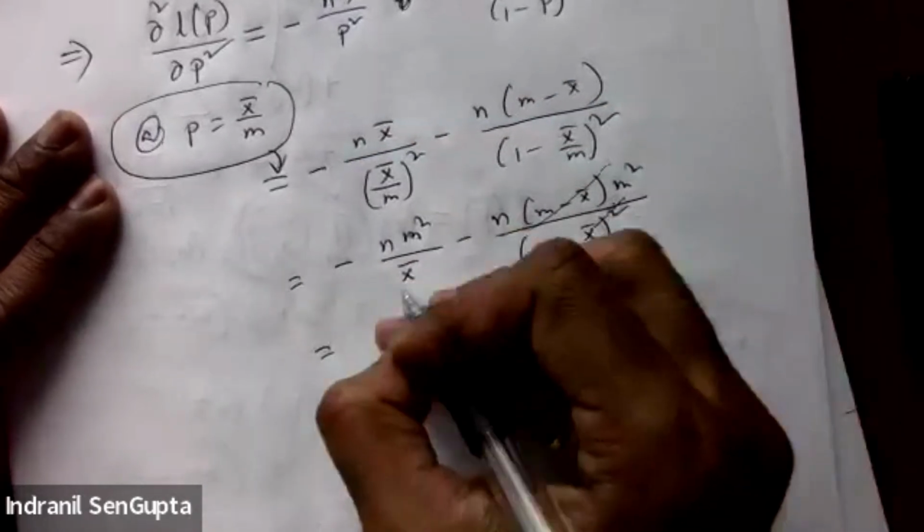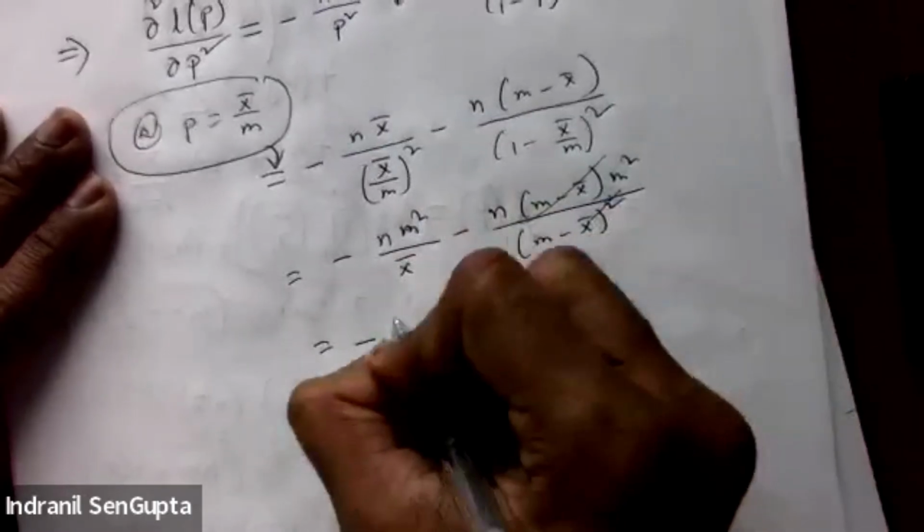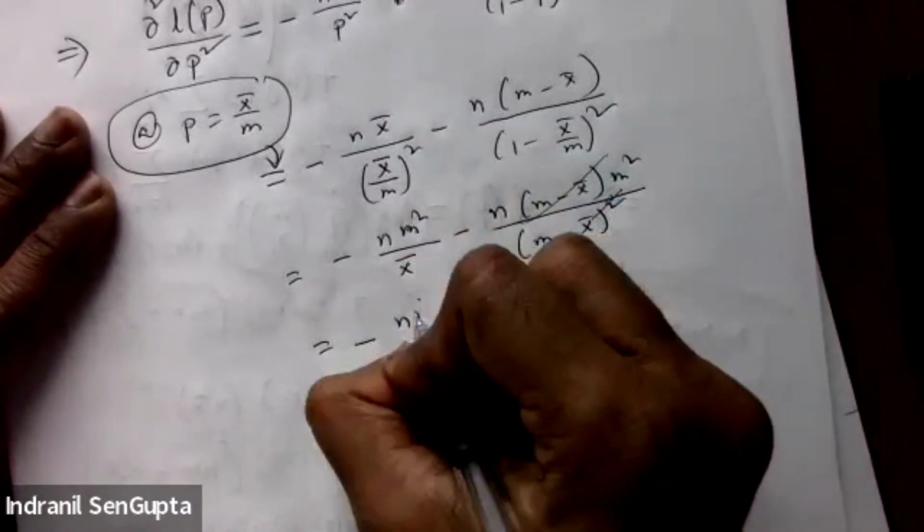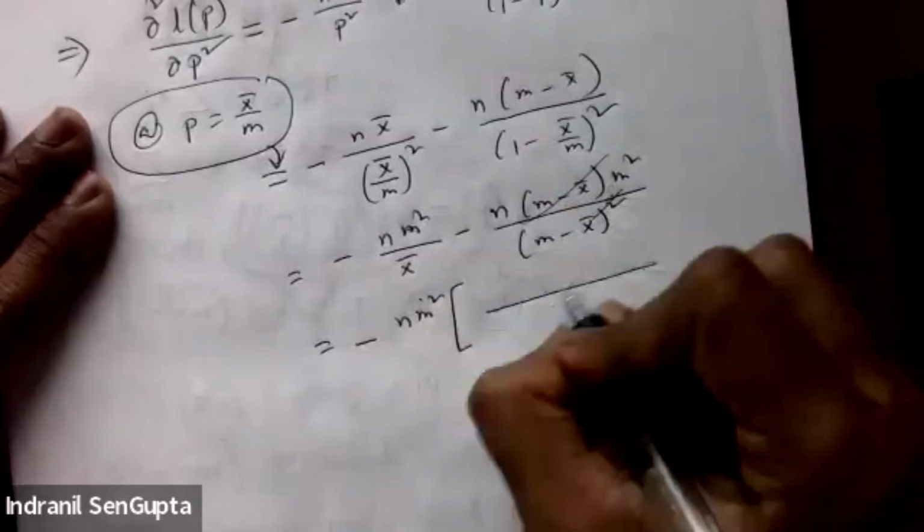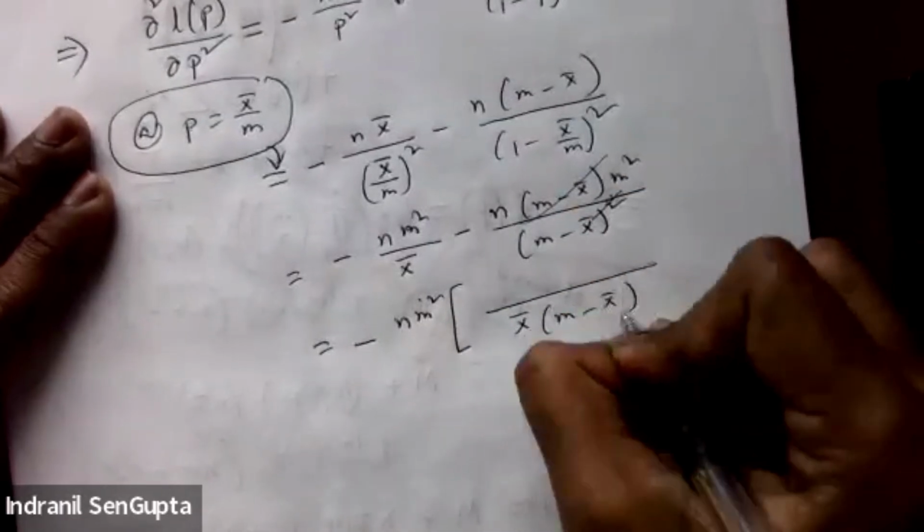And here it becomes with a negative sign, n over m squared. So it's x bar m minus x bar.